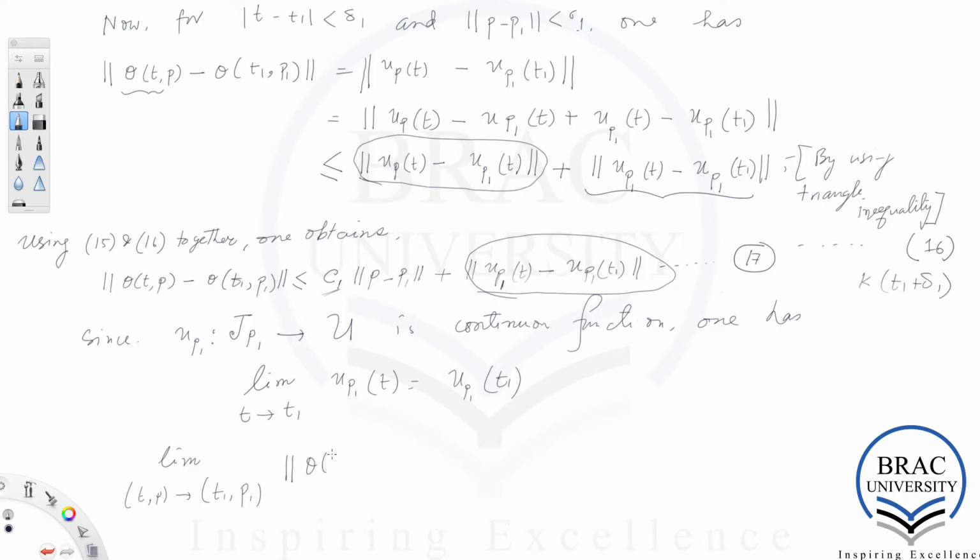The norm of theta(t, p) minus theta(t1, p1) is equal to 0, QED, which proves that the flow map theta from calligraphic D to big U is indeed a continuous function.